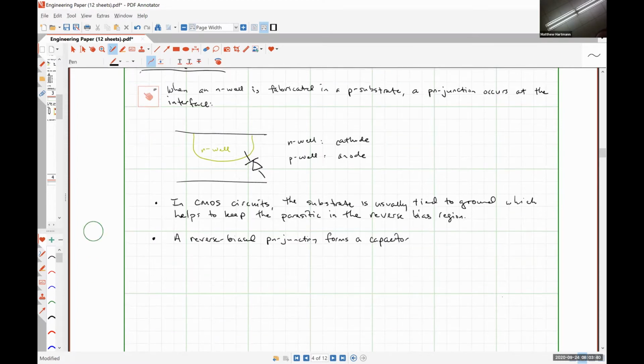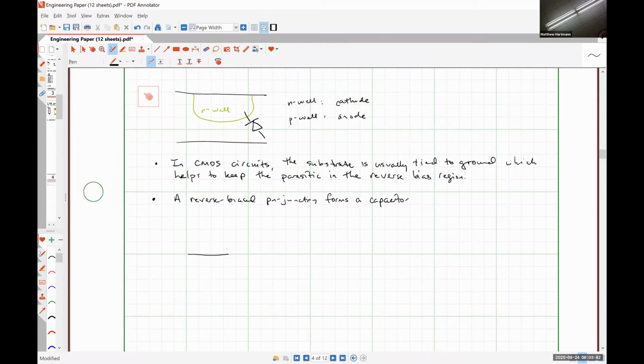All right, so a shoddy drawing of this will be something like this. So let's put the junction there in the middle. So on the P side of the junction, we have holes.